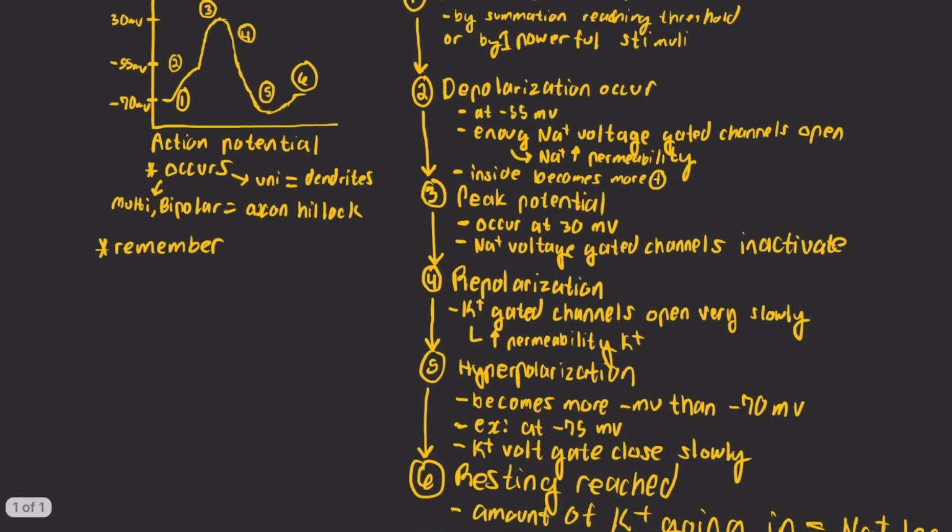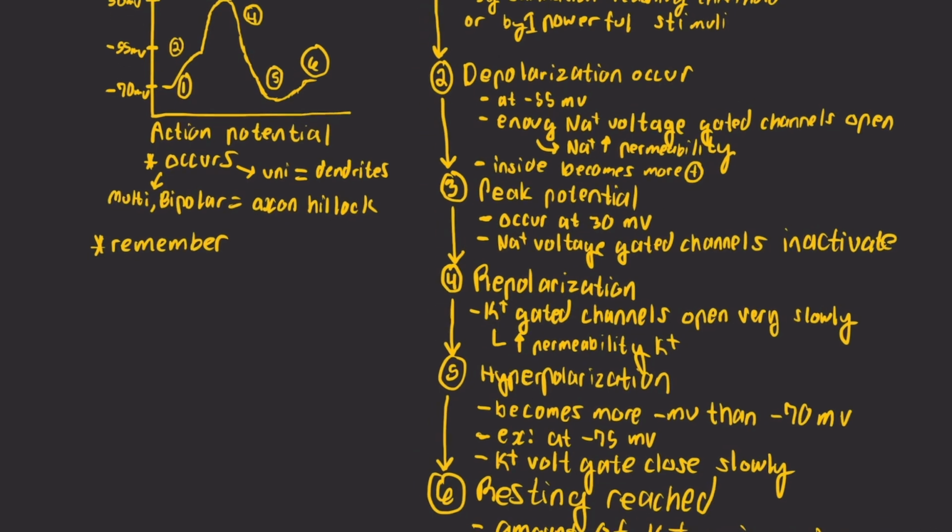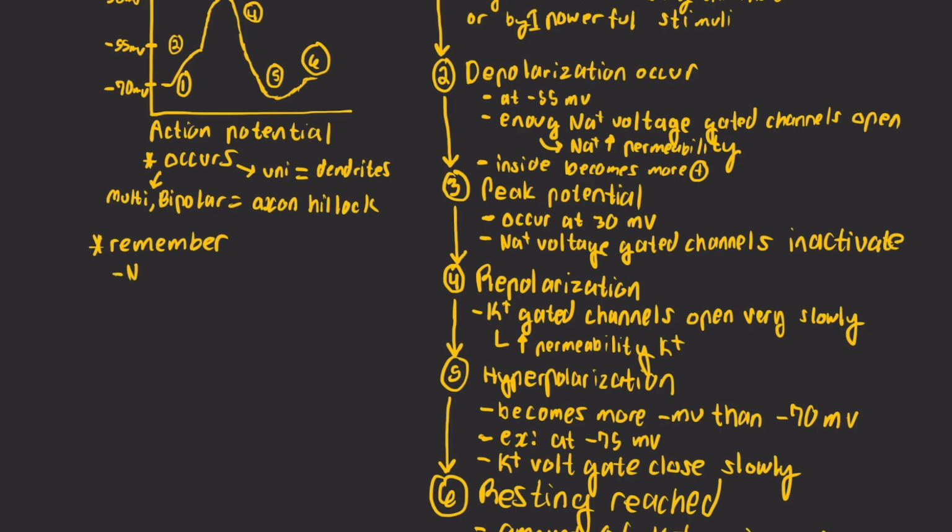Some things to remember. While the action potential is occurring, we have the sodium-potassium ATPase working, okay? This doesn't stop working just because there is an action potential. This will continue to work to maintain the gradient.